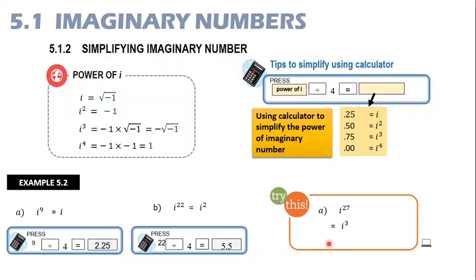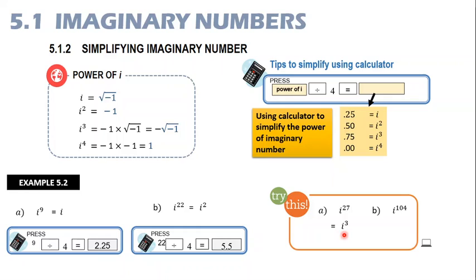Kita dapat I kuasa 3. Bagaimana? Tekan kalkulator, 27 bahagi dengan 4 dan anda akan dapat 0.75. So 0.75 ialah I kuasa 3. Next, cuba yang lain.